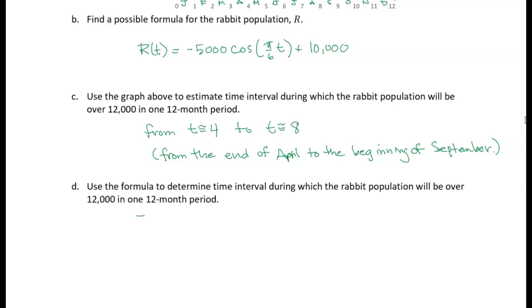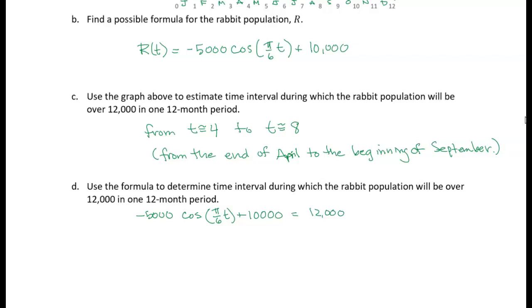I have minus 5,000 cosine of pi over 6t plus 10,000 is equal to 12,000, right? I want to find out when the equation gives me 12,000.